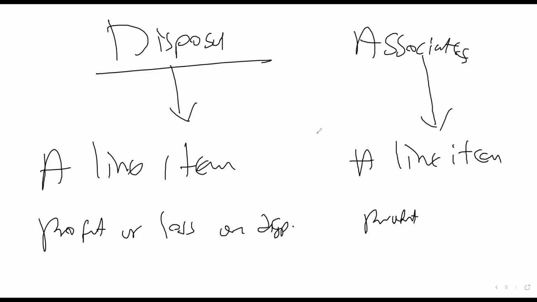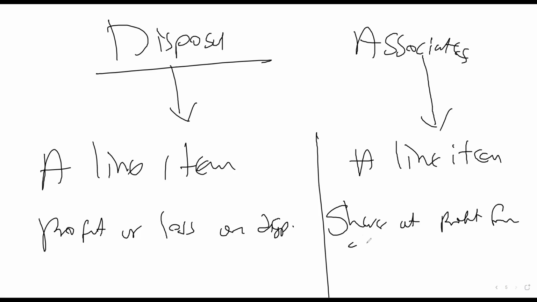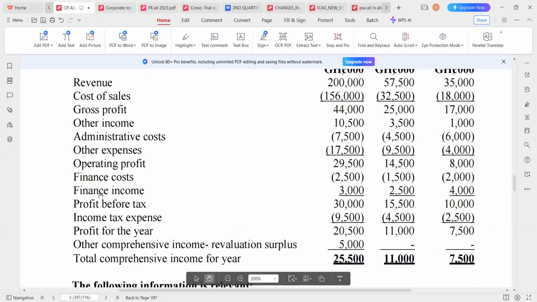So we call that one share of profit from associates. You can decide to put all of them either before or after finance cost. Locate your finance cost.